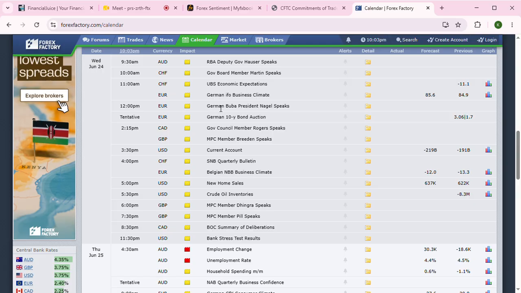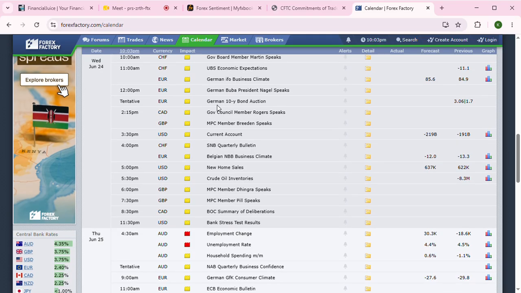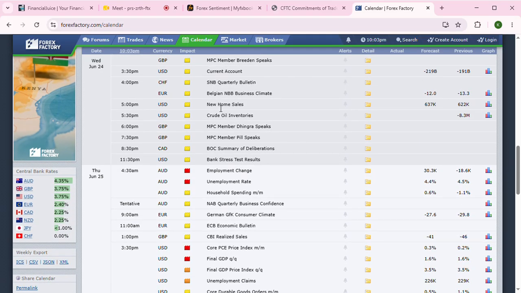And so on Wednesday at 4:30 a.m. we are going to have employment data, that is on Austria. It was previously at negative 18.6k.